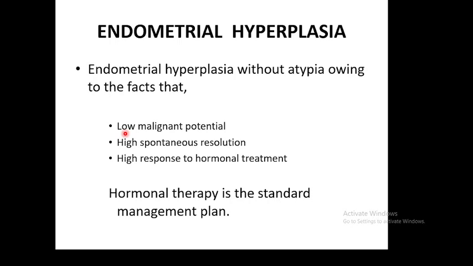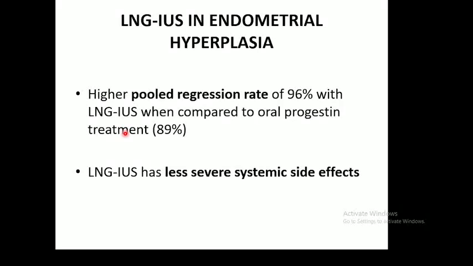So this entity has a low malignant potential but may resolve spontaneously, and this precancerous stage, just like CIN, will respond to medical management. So this is caused by the high estrogen activity or unopposed estrogen activity. So what we have to give is progesterone.